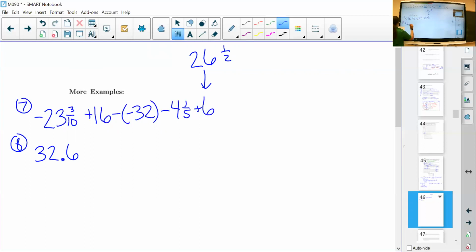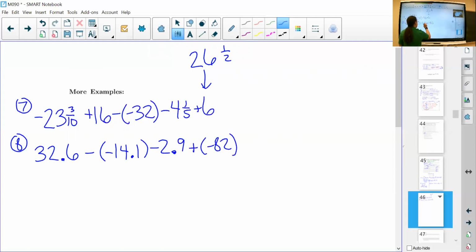You can do that too. 32.6 minus negative 14.1, and throw some more in here, minus 2.9 plus negative 82. So again, I start with the leftmost operation because these are all adding and subtracting.